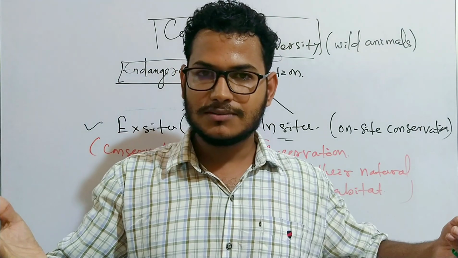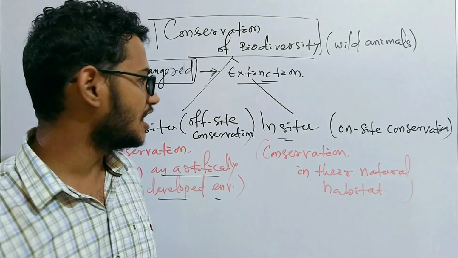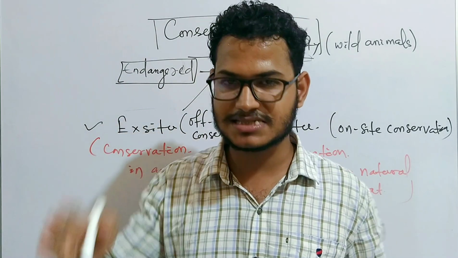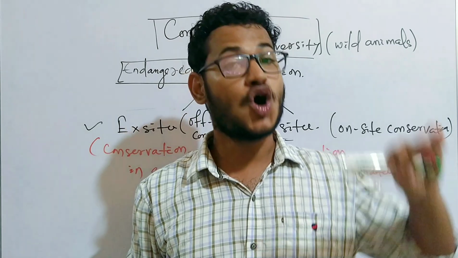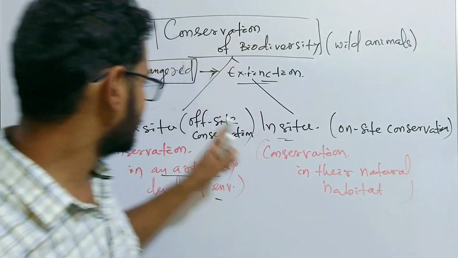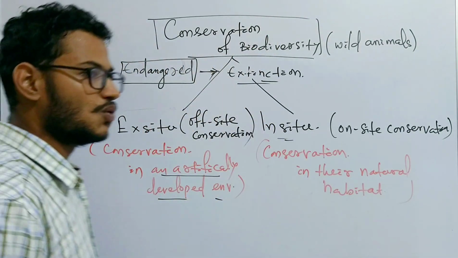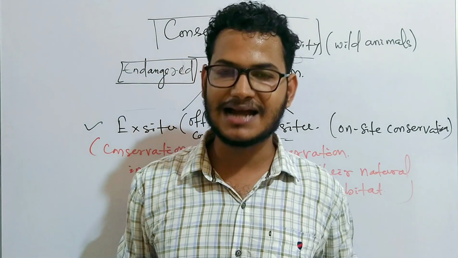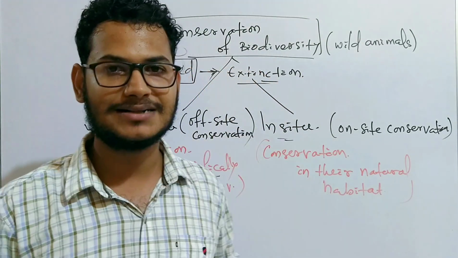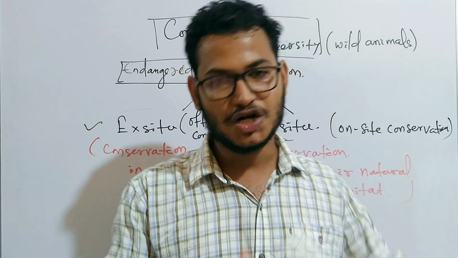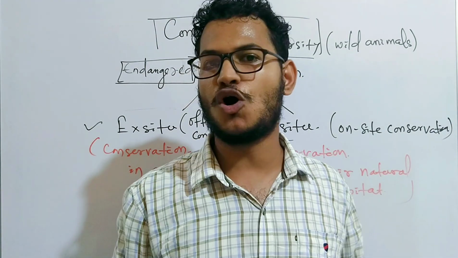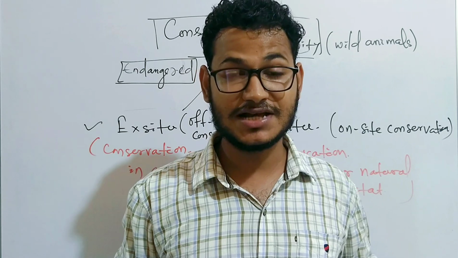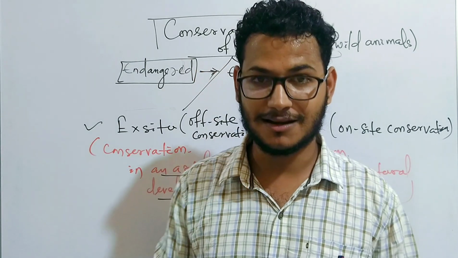So, my dear friends, we can conserve the animals in two different ways. One is on-site conservation in their natural habitat, another is off-site or ex-situ conservation, which is not exactly their natural habitat, but developed by human beings to protect them, right? So these are the two important types of conservation of wildlife.